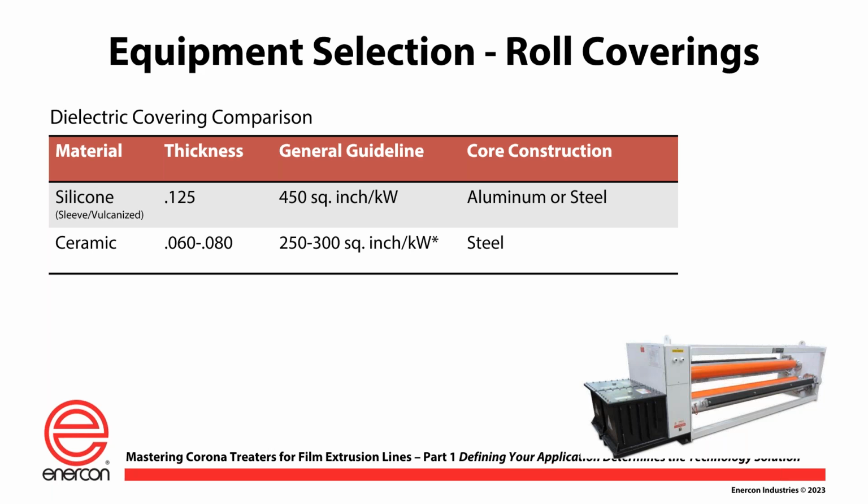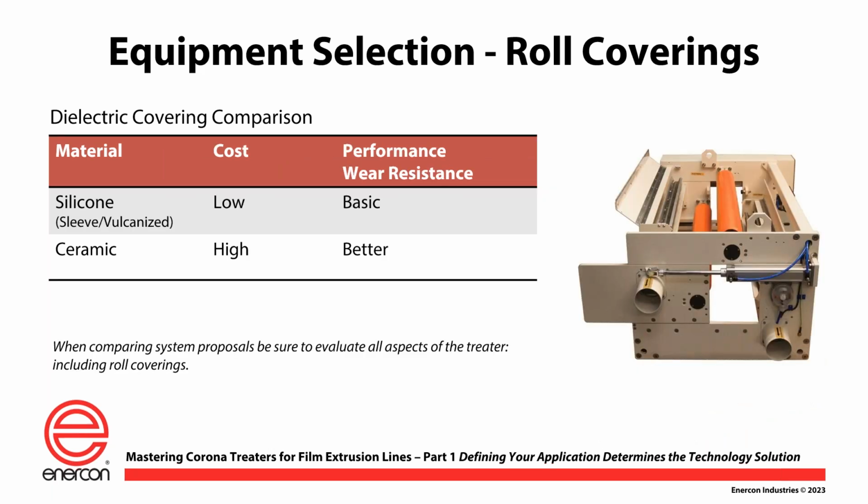Both are suitable from just an insulating perspective. They both give you good insulating characteristics, but in an industrial environment where guys are walking around with knives in their pockets and tools on hand, ceramic is really the best choice here for durability. Silicone is good for cost, economics is good, but for durability and performance, you really want to shade towards a ceramic coating on your treater rolls.